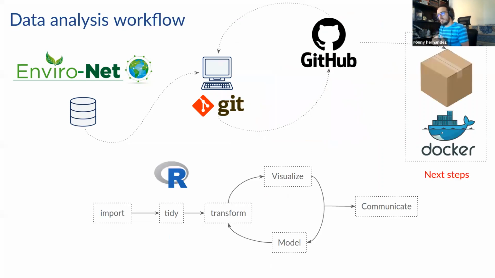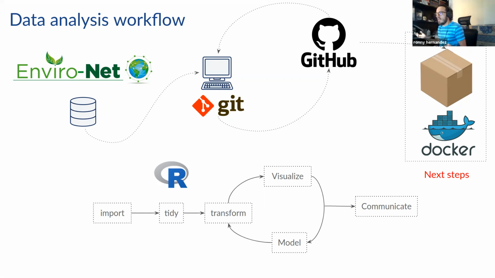So what we can do is read the data, have a project in RStudio, and recreate all the steps in R. As we advance in our exploration of the data, we are going to have different versions, and we can control those versions with Git, and also have a backup with GitHub.